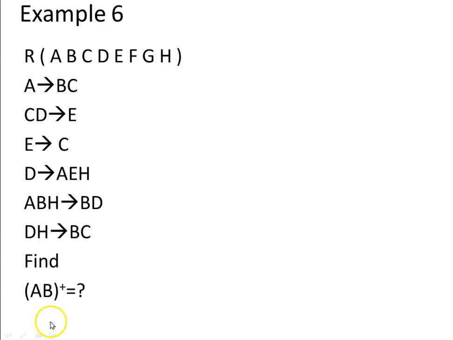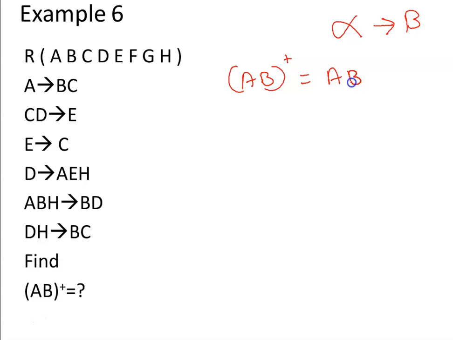Next, for this relation, we'll again find the closure on AB. The relation R has attributes A, B, C, D, E, F, G and H. AB gives you AB. Now the first FD, A determines BC.